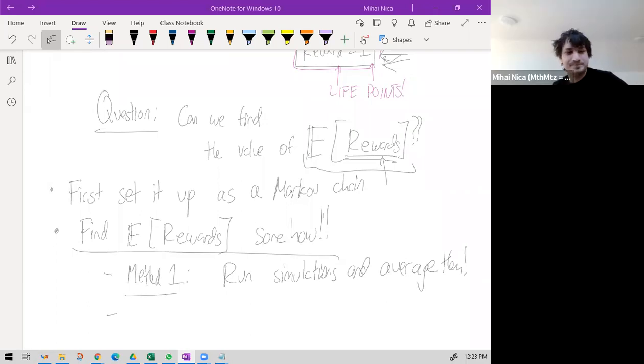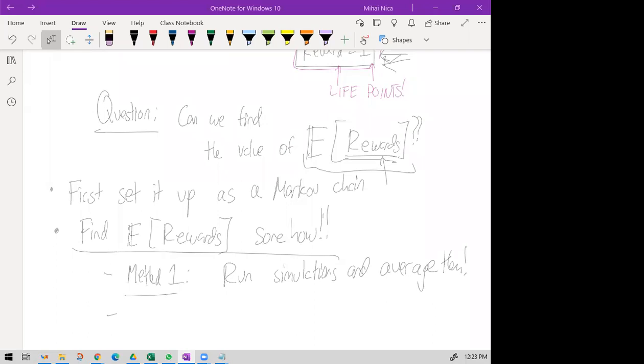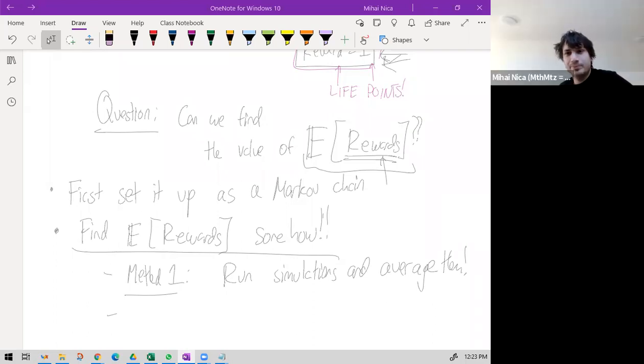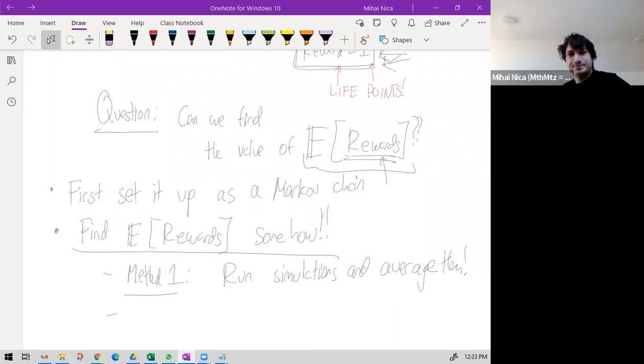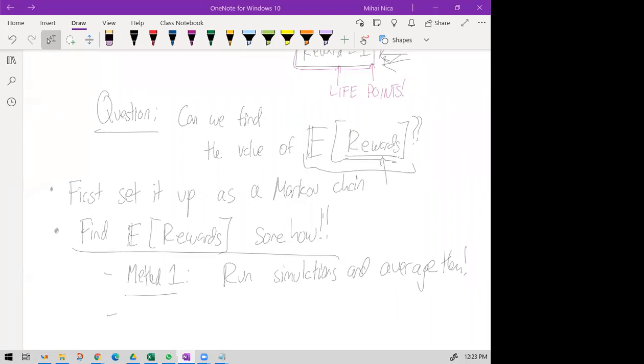So if they considered the last 10 moves, how would they? Obviously, finding all of the probabilities and creating a transition matrix manually by hand would probably be impossible.